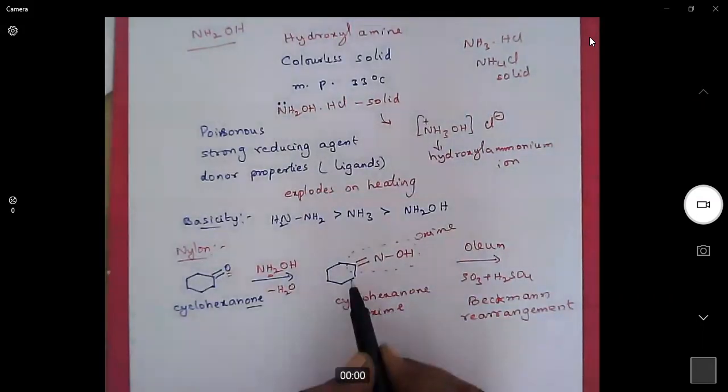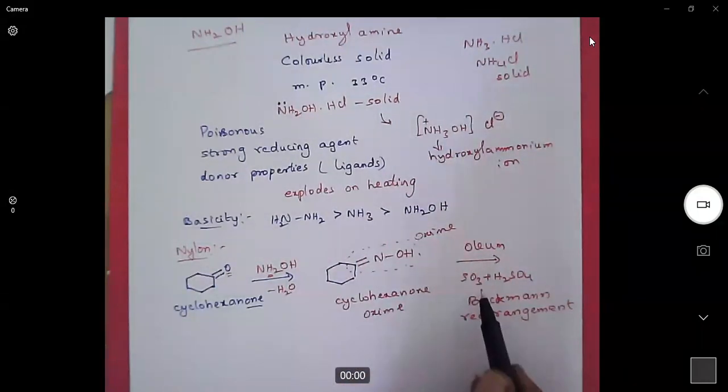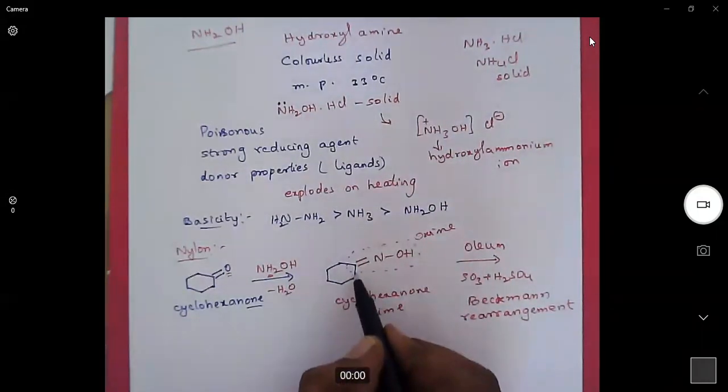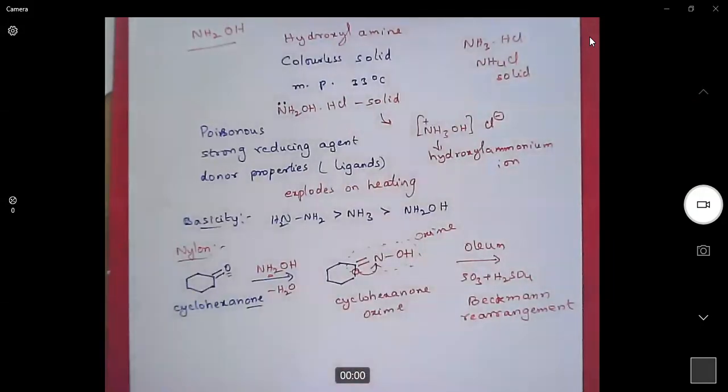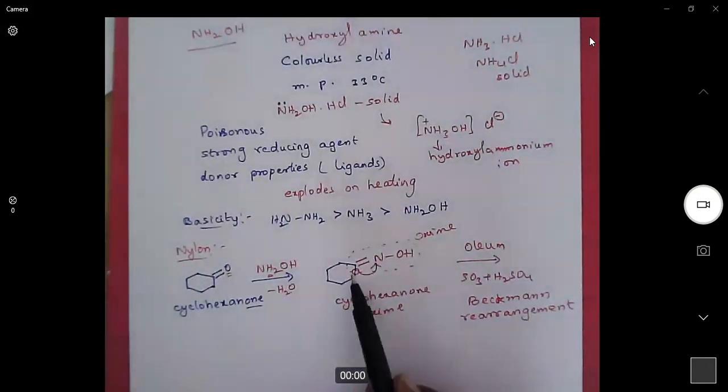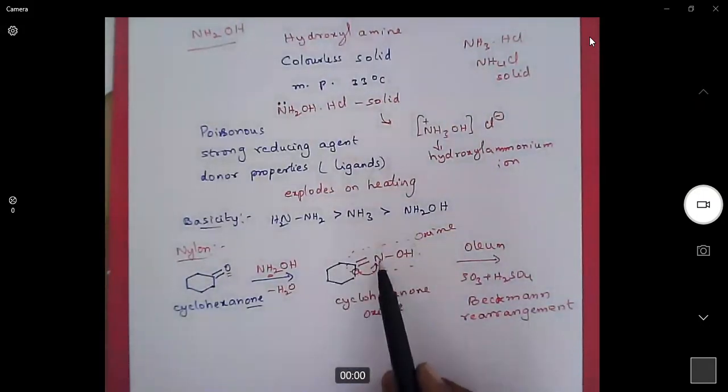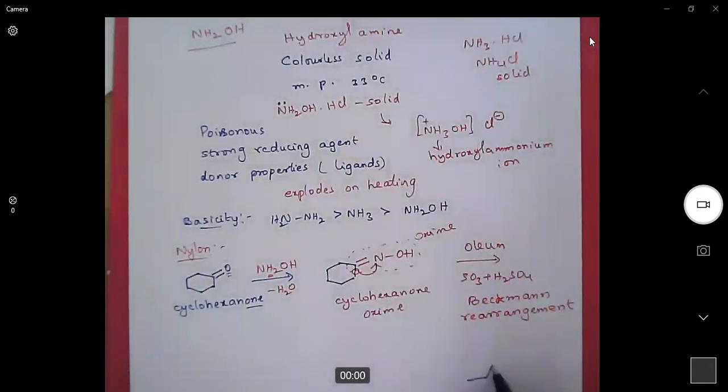When we treat oximes under acidic conditions, then ring expansion takes place and this nitrogen will be made a part of the ring. So previously it is a 6-membered ring. Now this nitrogen is also made a part of the ring, so it will be a 7-membered ring. Ring expansion will take place and one of the carbons will become a carbonyl and this will be NH.